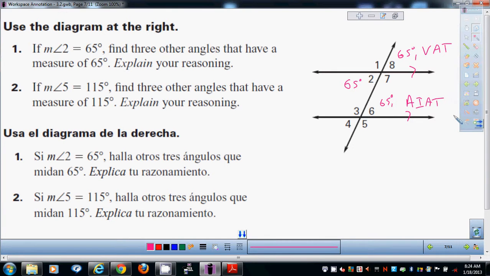Okay. Brandon, what is the last 65 degree angle? There you go. The corresponding angles postulate. Very good. Okay. We're going to go ahead and do number 2. Jensen, what is a 115 degree angle in this picture?